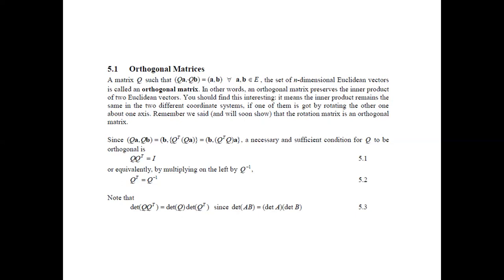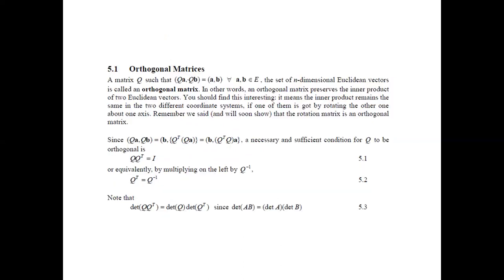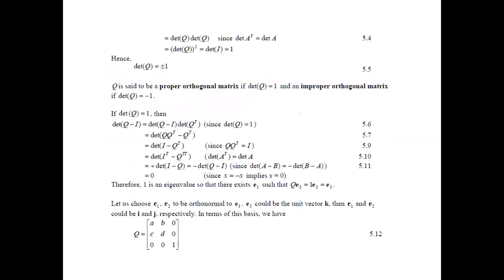Note that the determinant of Q transpose Q is the determinant of Q transpose times the determinant of Q, since the determinant of AB is the determinant of A times the determinant of B. So this will be the determinant of Q times the determinant of Q, since the determinant of A transpose is the determinant of A. So you get the determinant of Q all squared.